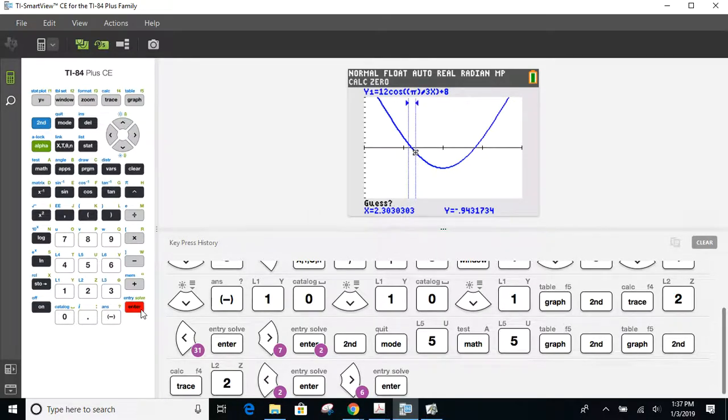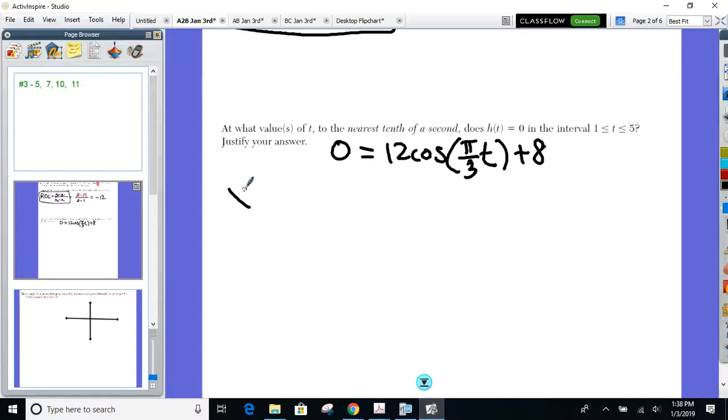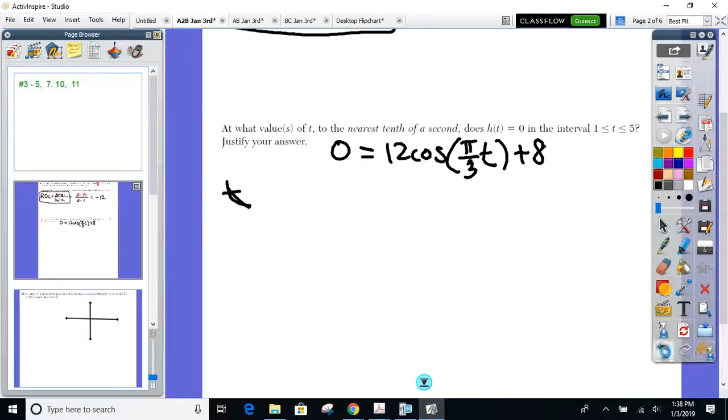Enter, and then guess. You hit enter again, and it'll give you your first 0. So when y equals 0, that x value's this here. What are we rounding to? So 2.2. So t equals, I don't want to put x equals, t equals 2.2.